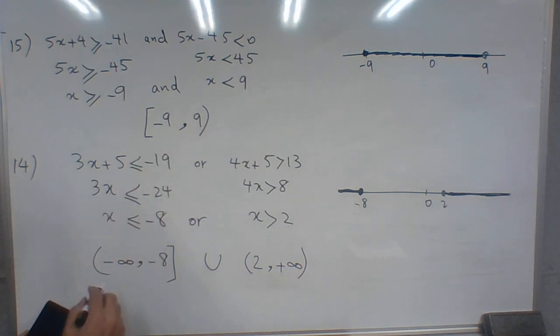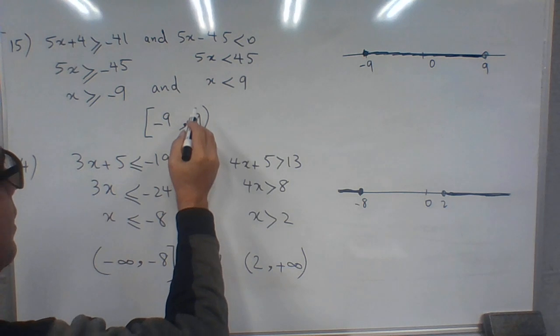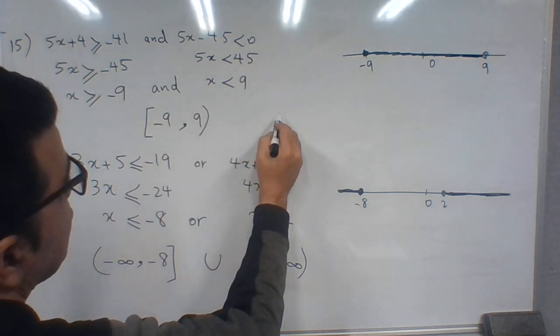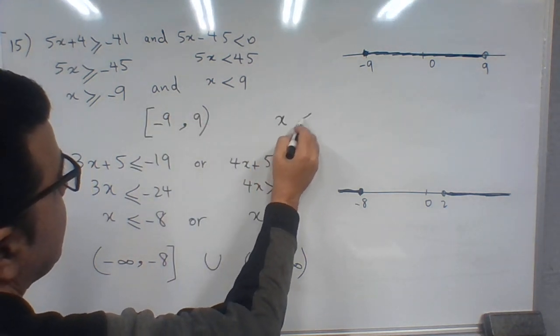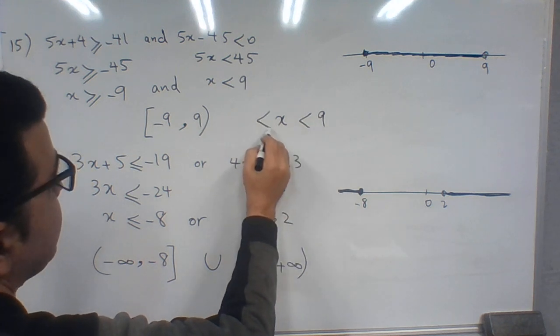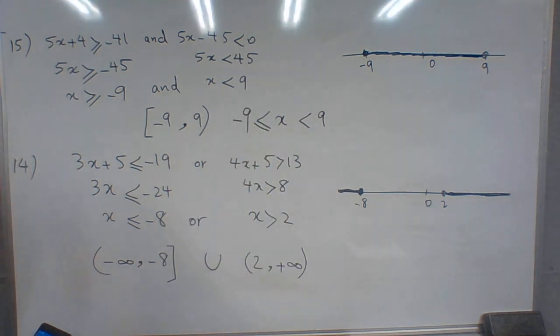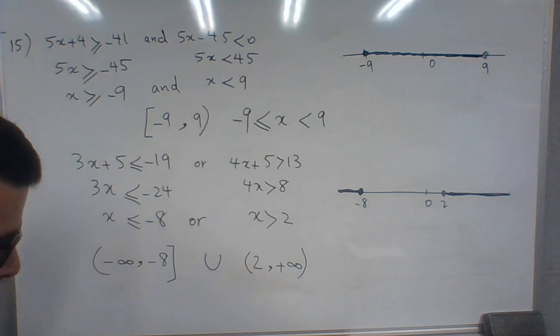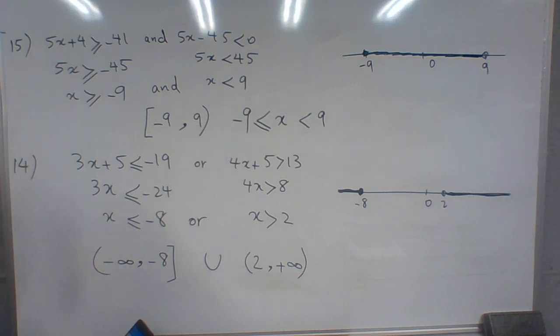So this is the interval notation for this interpretation. And the inequality notation is this: x less than 9 and greater than or equal to negative 9. Okay? That was number 15.